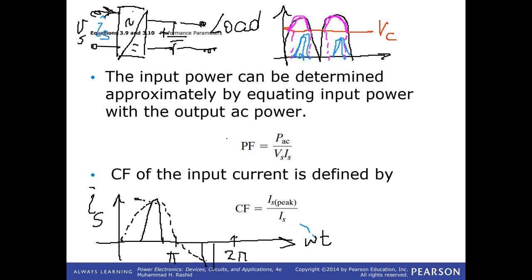So we add an electronic network somewhere here, and it's called a power factor corrector.